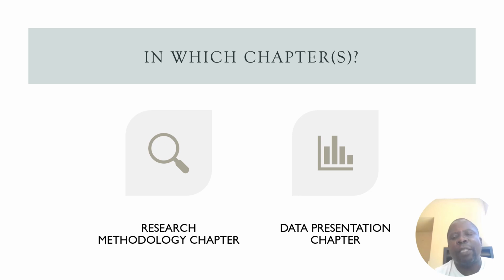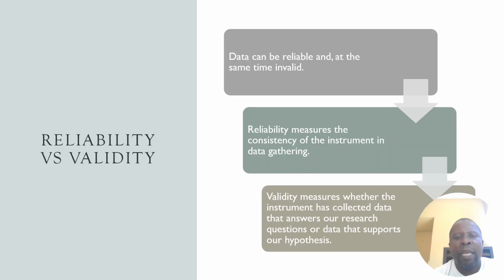In the methodology chapter, you are mainly telling us what you intend to do, but in the presentation chapter, you are demonstrating to us, you are giving us the numbers, the statistics from different statistical packages that measure either validity or reliability.